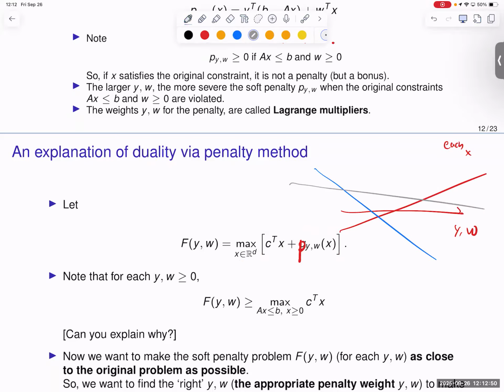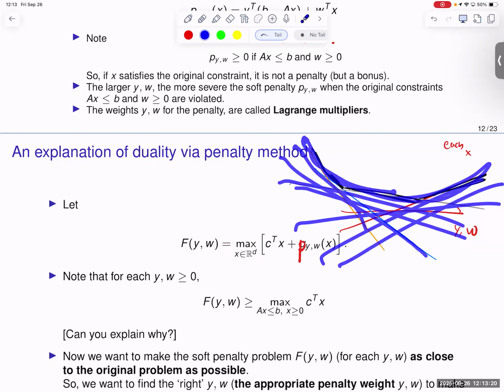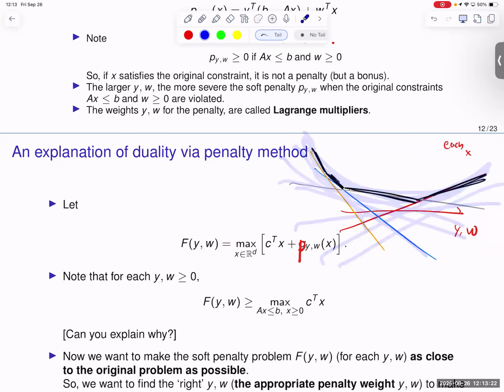Then if you maximize over all these different x, in the end you get some kind of this part, this part, this part, this part. Imagine you have infinitely many such functions. Then you will get the maximum, or supremum, over all these.